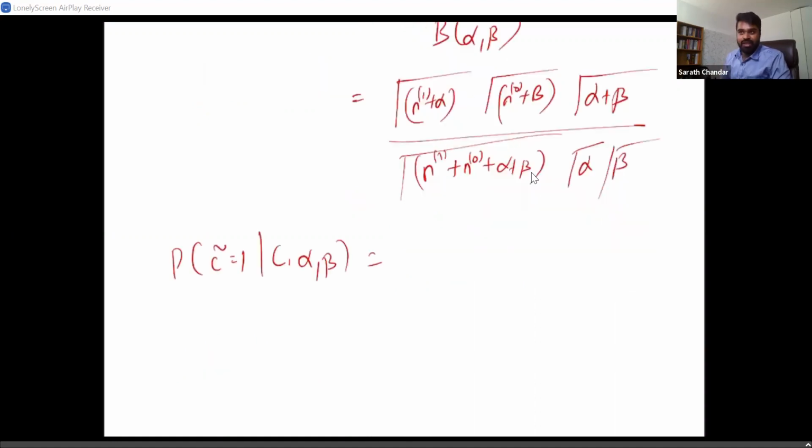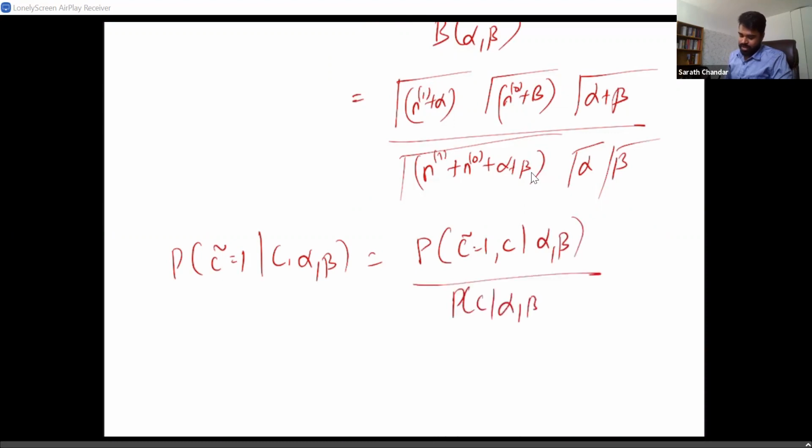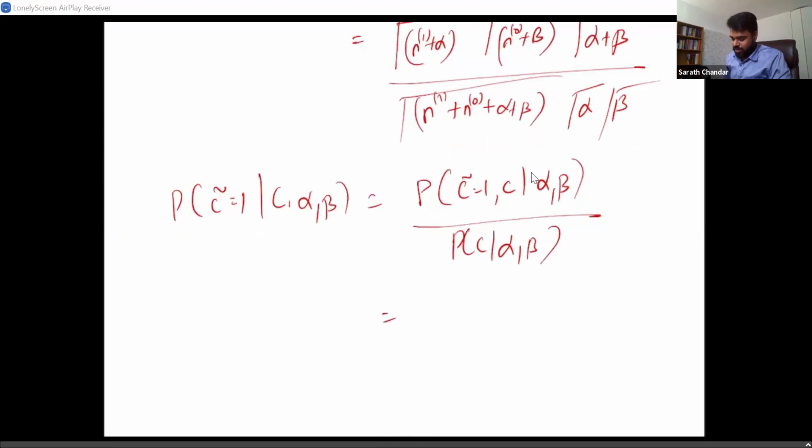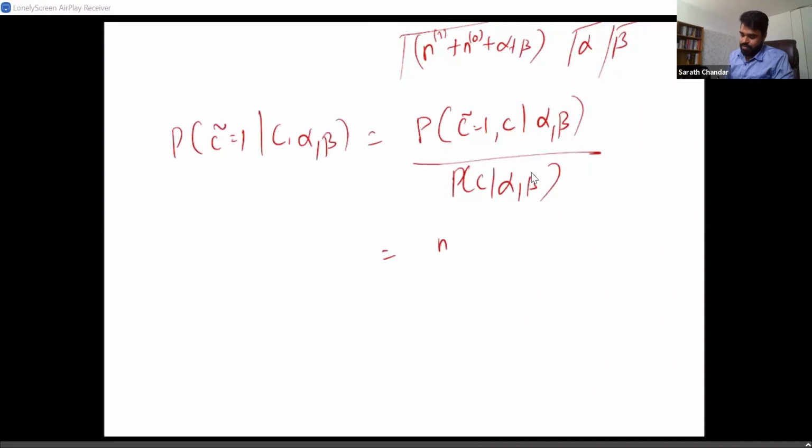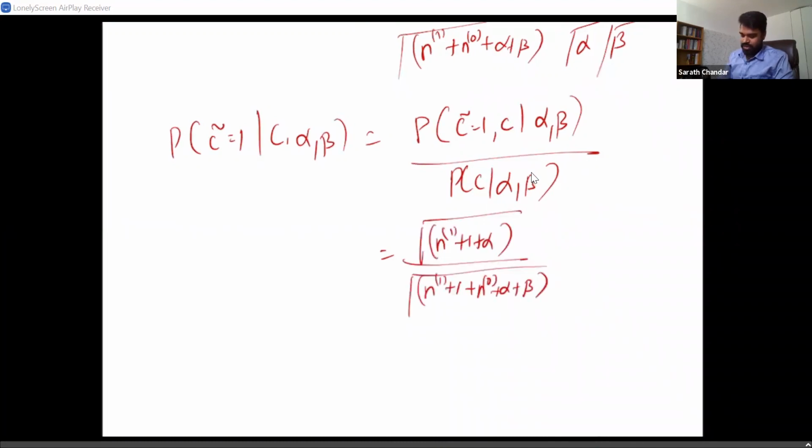Okay, so in this case, this is nothing but P of new example equal to 1 comma C given alpha beta, divided by P of C given alpha beta, right? Simple probability equation. So now we have the equation for this from the top. So I could just write this as n1 plus 1 plus alpha divided by n1 plus 1 plus n0 plus alpha plus beta for the first term.